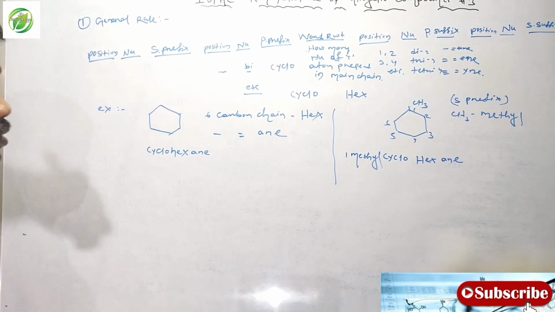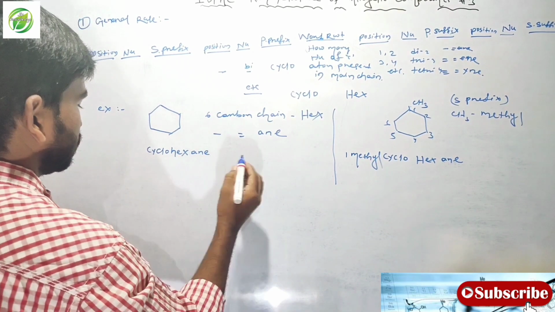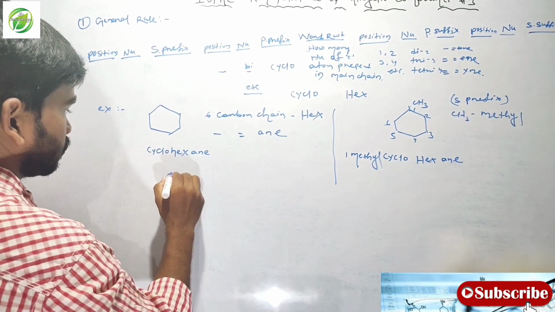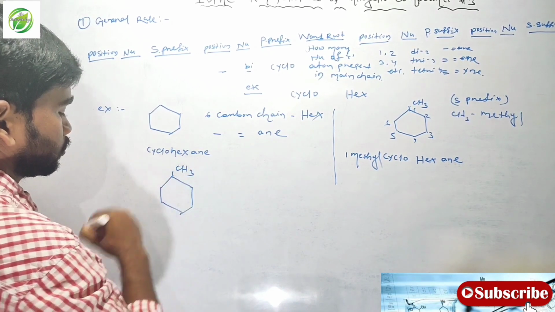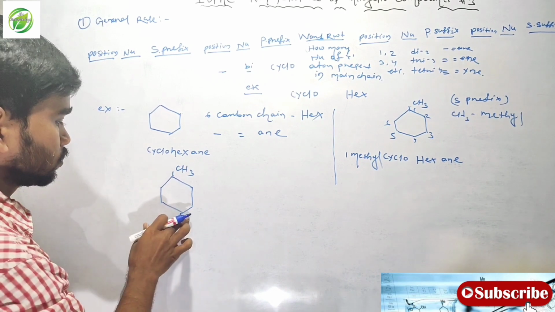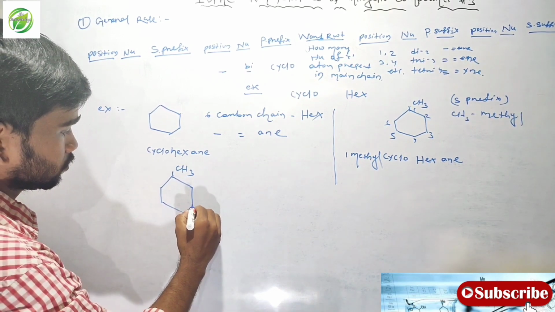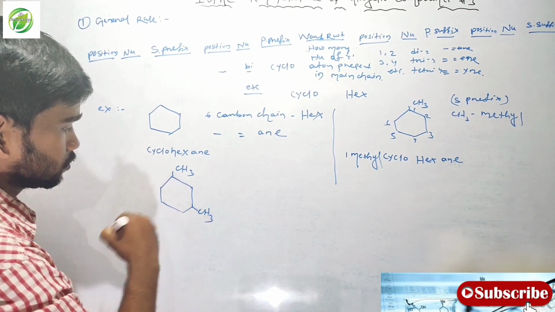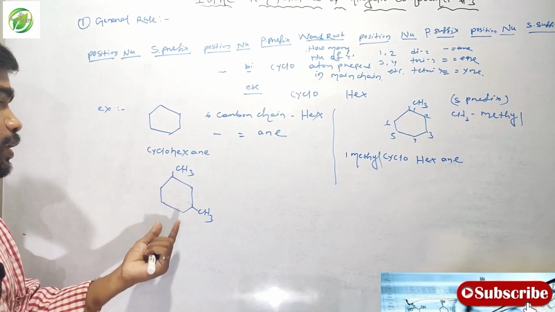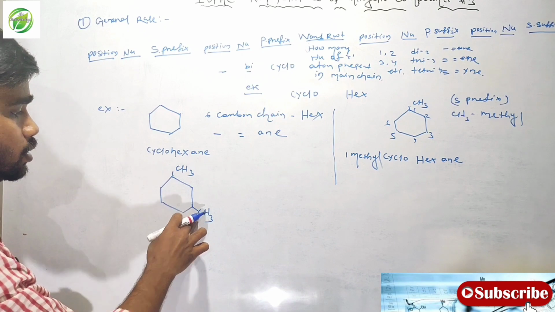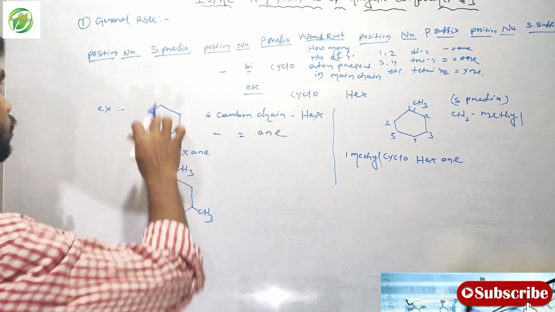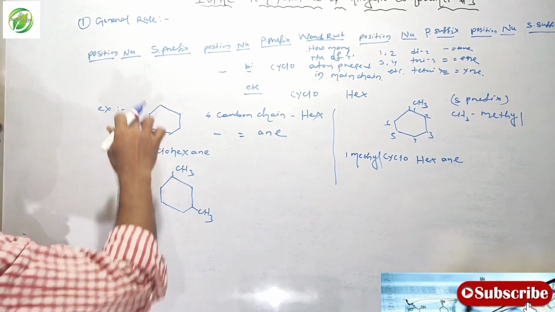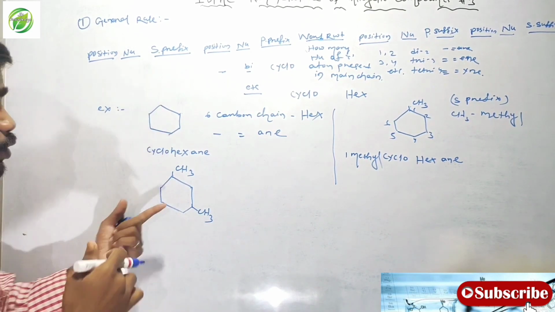Friends, let's try to understand with another example. In this case, two methyl groups are present. The number of methyl groups is 2, so we use di.